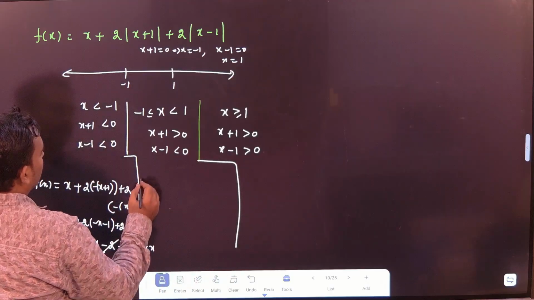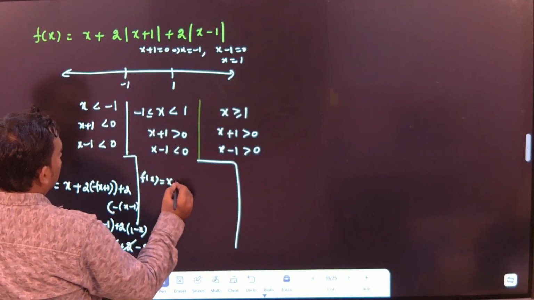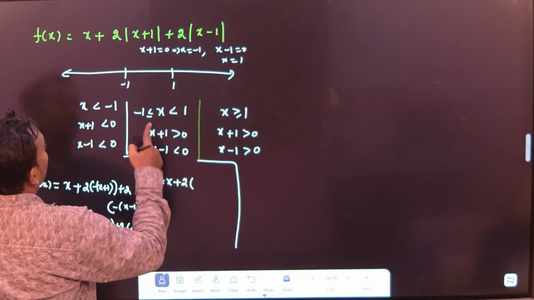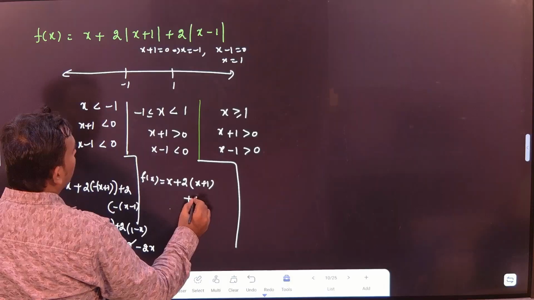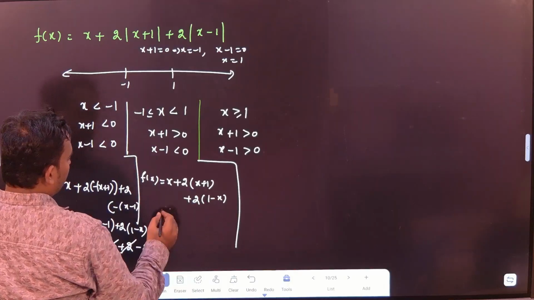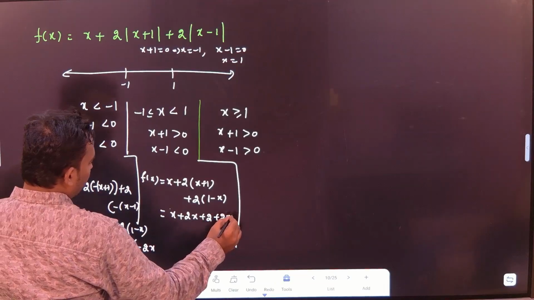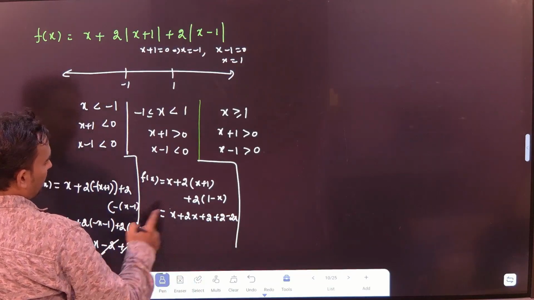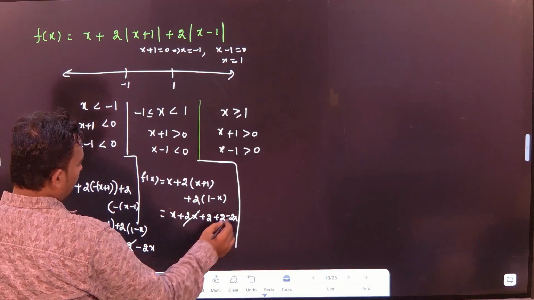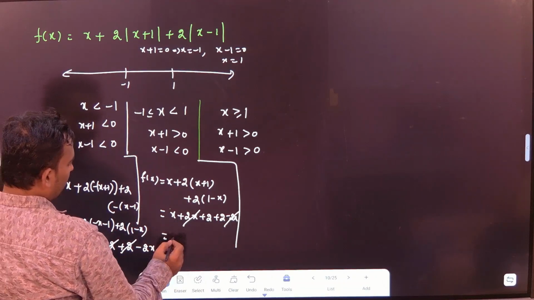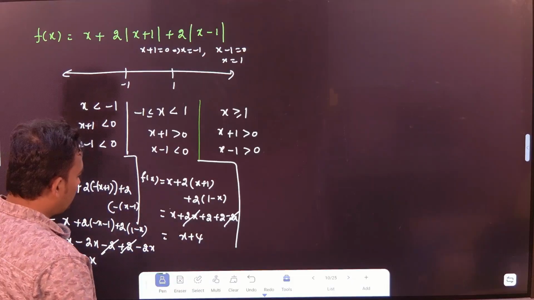Next, the second interval: x plus 2 times x plus 1, since x plus 1 is positive, x minus 1 is negative, plus 2 times 1 minus x. So simplify this: x plus 2x plus 2 plus 2 minus 2x. The 2x and minus 2x cancel, then what is left? x plus 4 is left, right?